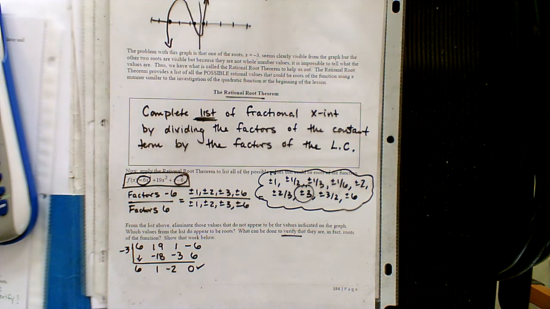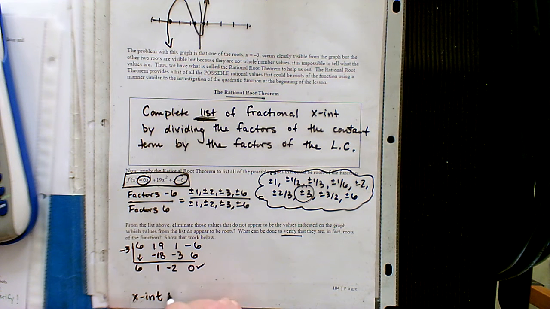Remainder of 0. Looks good. All right, so we have an x-intercept at -3. We have 2 more to verify.